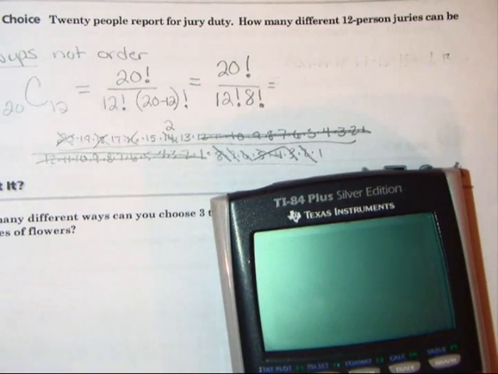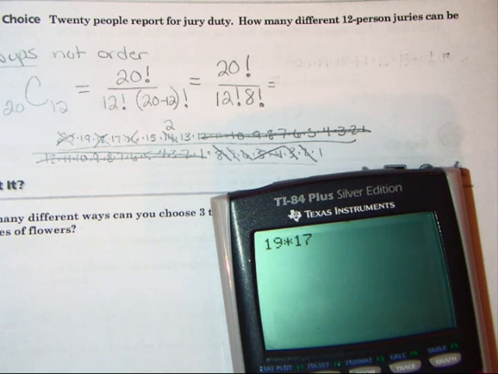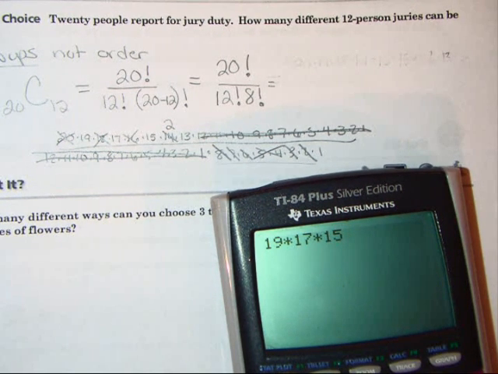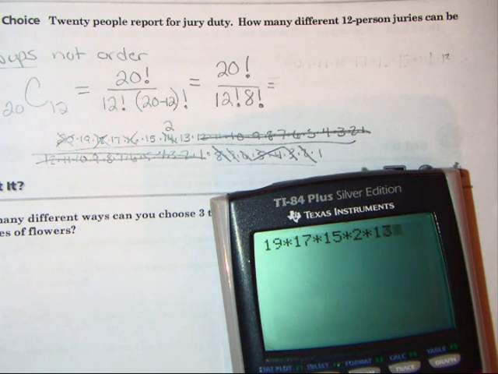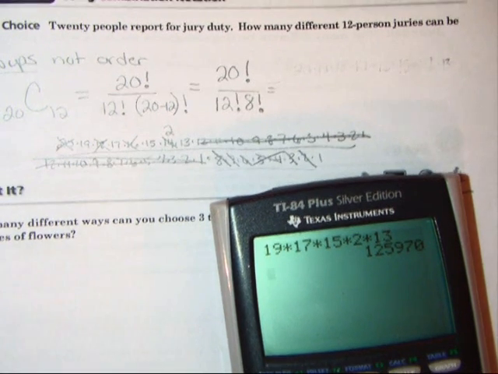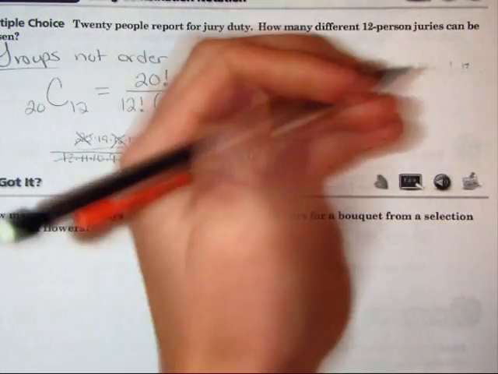Okay, calculator, multiply all the things that are left in the top. 19 times 17 times 15 times 2 times 13 equals 125,970 different committees that could be formed.